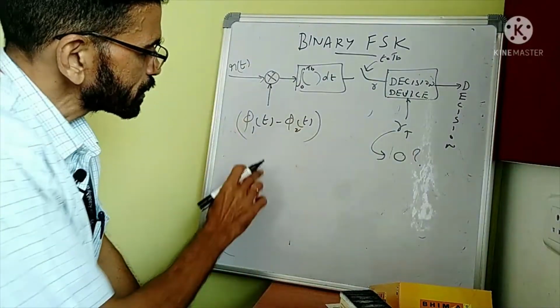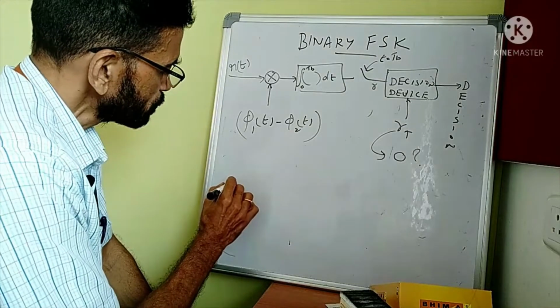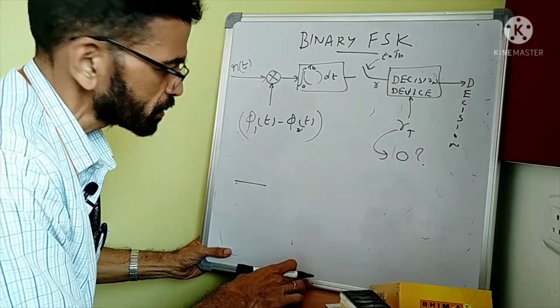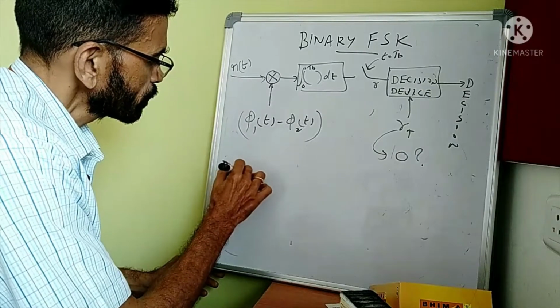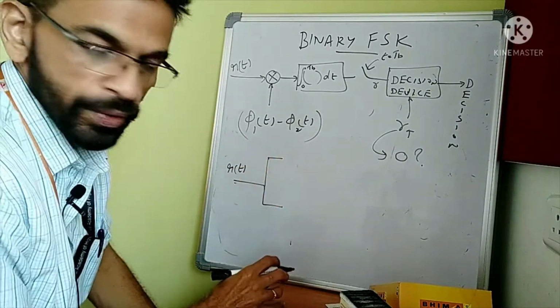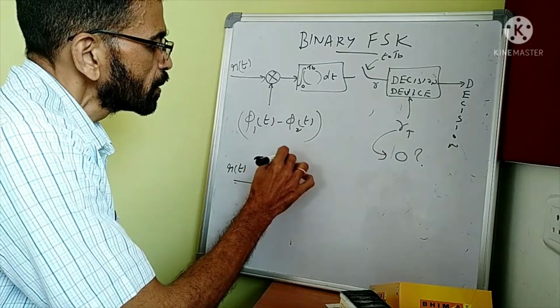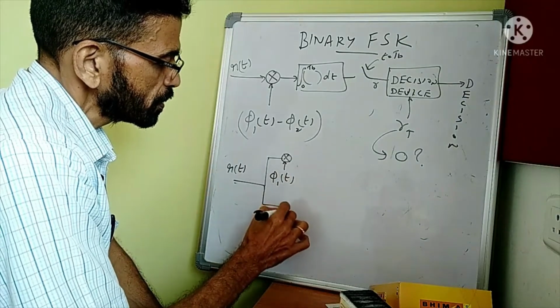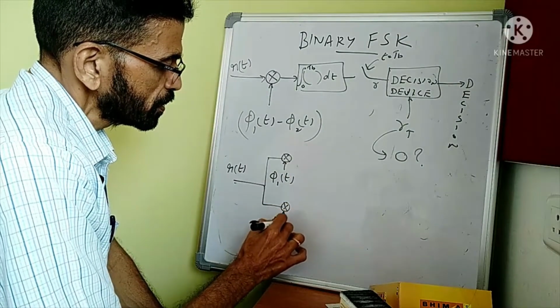And there is an equivalent way in which you can represent the same thing, which goes like this. The equivalent representation is like this. The received signal is split into two. We multiply here with phi 1t, multiply here with phi 2t.